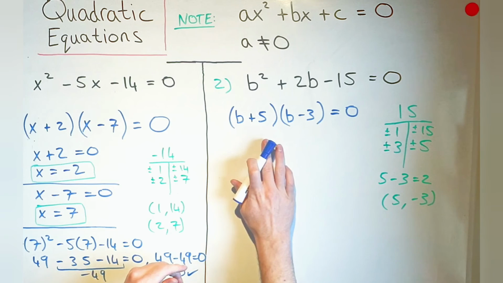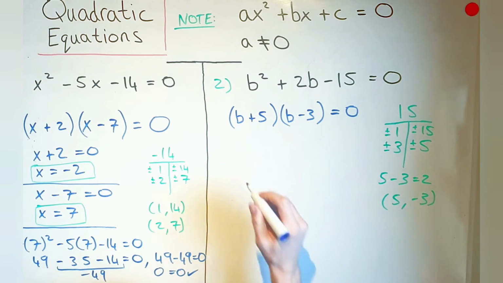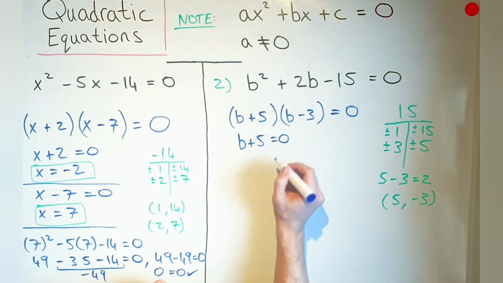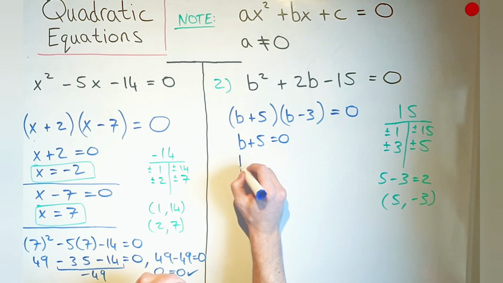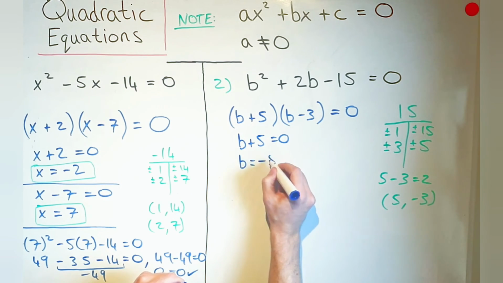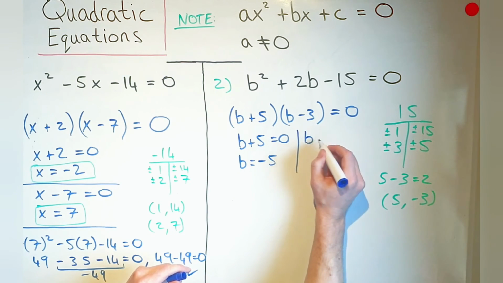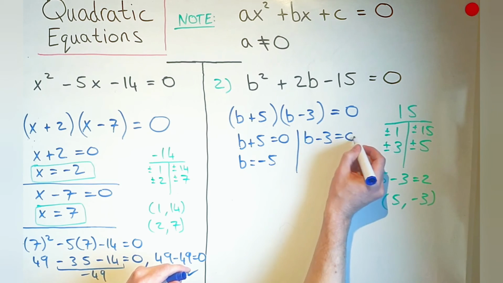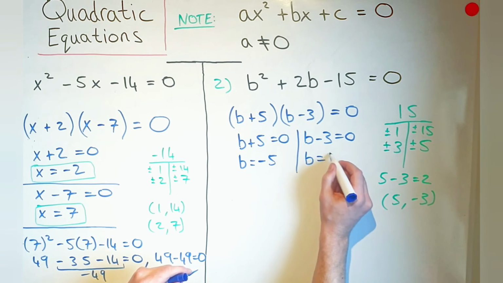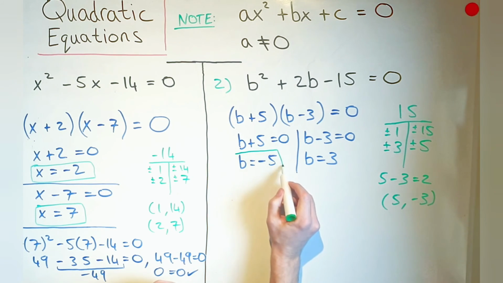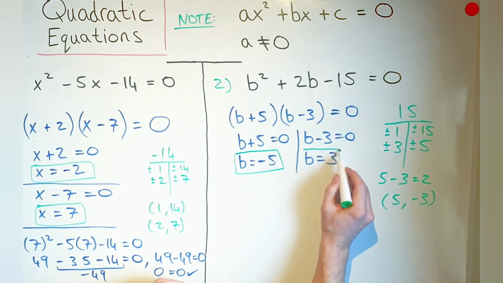So what we do is we let each factor equal 0 as before. So we have b plus 5 equals 0. So then we know that b is equal to minus 5. And then we have b minus 3 equals 0. So b is equal to 3. All right. So we have found two values for b, minus 5 and 3.